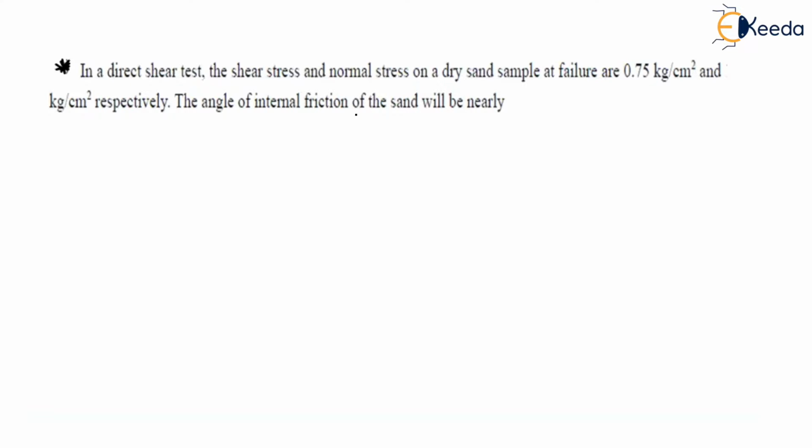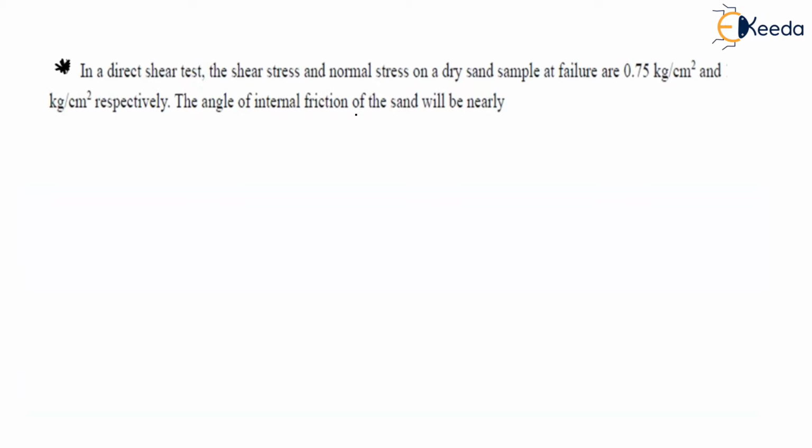Before solving problems on this topic, we have to read some terms very carefully, because we need to know whether the problem deals with a sand or a clay, whether it is a normally consolidated clay, an over consolidated clay, or a normally consolidated sand.